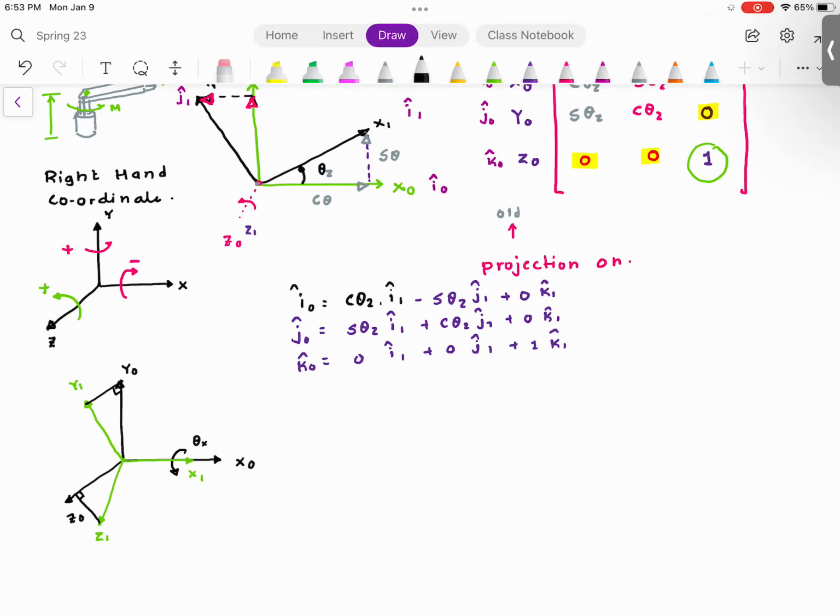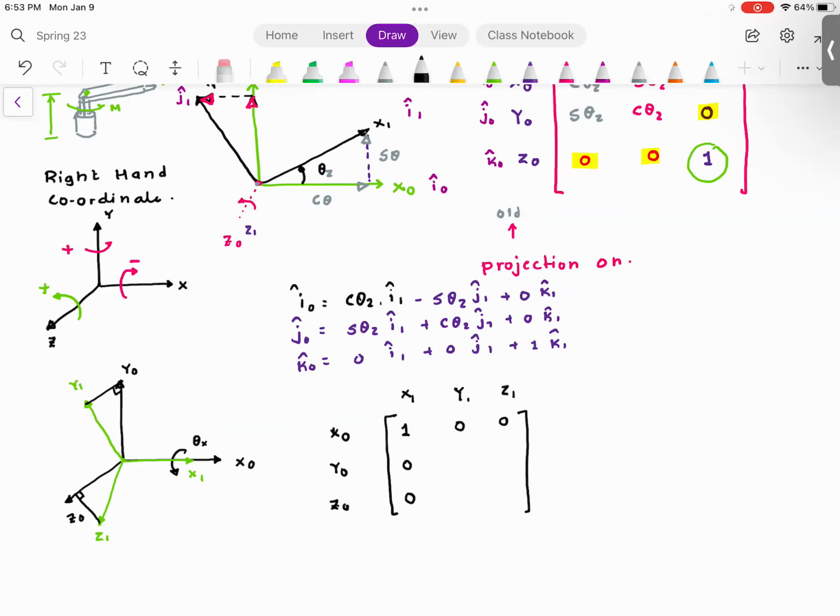And then I would write the same thing again: x0, y0, z0. We have this big matrix x1, y1, z1. Let's start with the easy part. Can you see the projection of x1 on x0 is 1? Are you with me so far? As soon as we get 1, all other columns and rows become 0. So we just have to find out 4 elements.